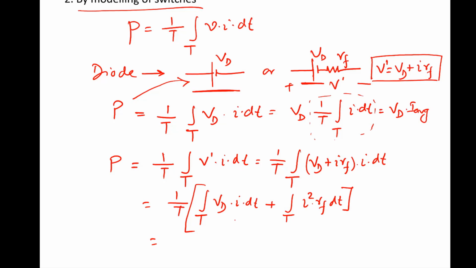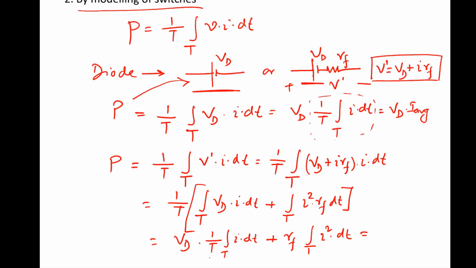Now take this Vd out: 1 by T integration over T of I dt. Take this Rf out because Rf is constant: integration over T of I square dt.